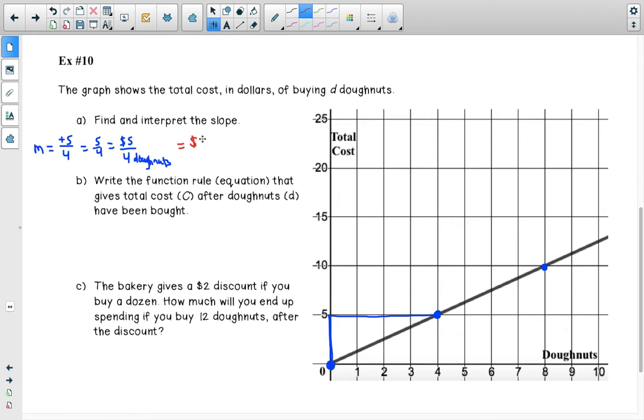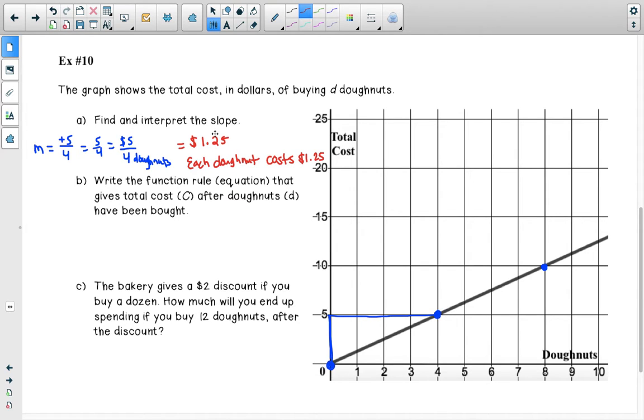That's a cost of $1.25 because we're dealing with money. This means that each donut, so each donut per one, costs $1.25. We can also say that you can get 4 donuts for $5. Using that same information from the slope, you can get 4 donuts for $5, or you can say that 1 donut is $1.25.